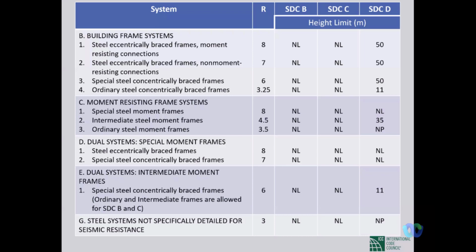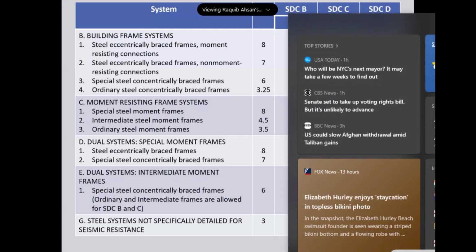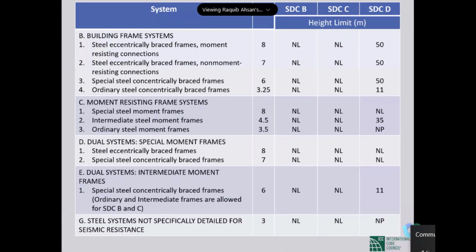If we intentionally go for systems which are less ductile, and if we intentionally increase the force for which we want the structure to behave elastically, in that case, those structures will not be detailed for seismic resistance, and we can assume a value of R less than 3 or 3. And in that case, we are free not to comply with the seismic provisions, section 1020.